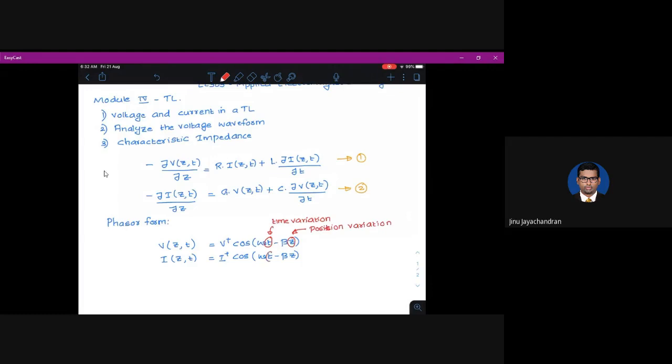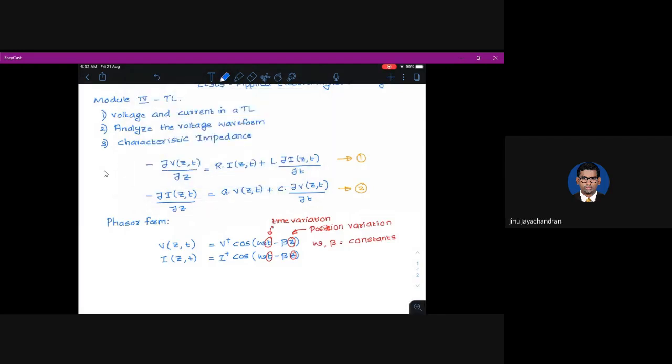Similarly for current also. And omega and beta are constants. Okay. So this is basically the wave which is traveling through the transmission line.